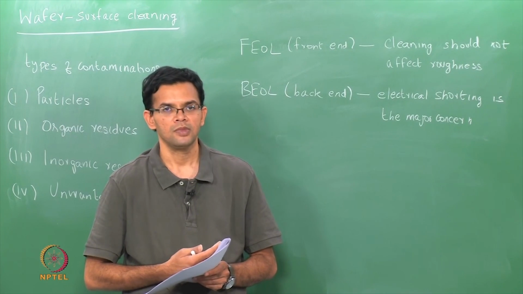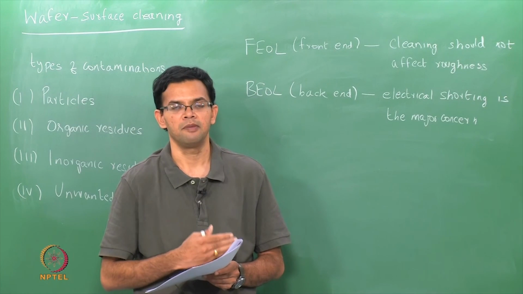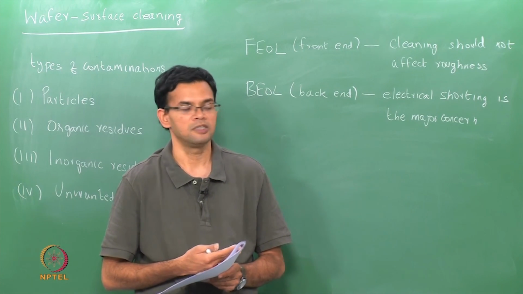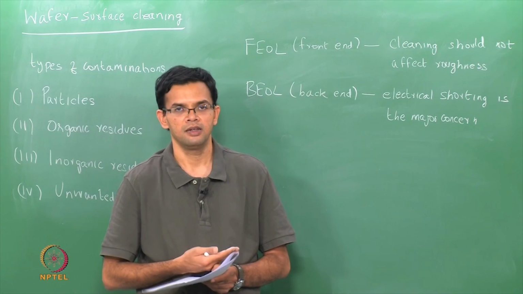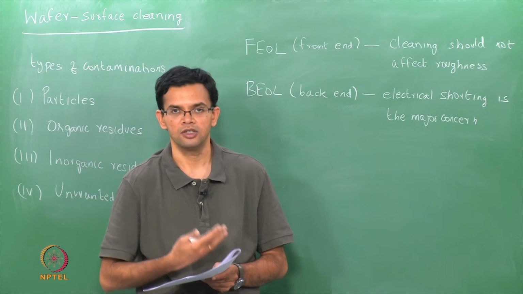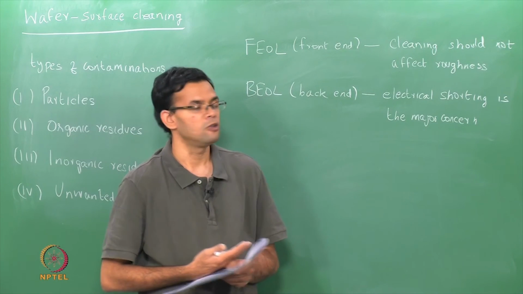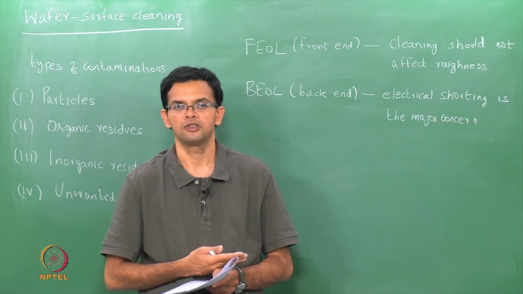So, today we have looked at the various ways we can maintain the cleanliness in the fab. One way this is achieved is by choosing the appropriate fab design, but it is also done by making sure that we have clean process chemicals, clean gases, clean DI water, and also by periodically cleaning the wafers during the fabrication process.